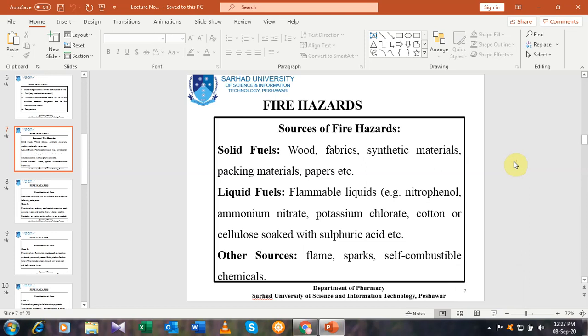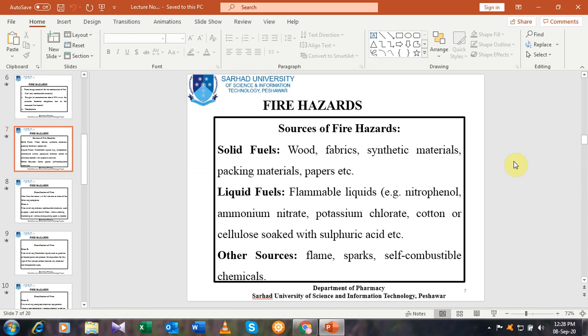Solid fuels include wood, fabric, synthetic material, packing material, paper, etc. Liquid fuels include flammable liquids, for example nitrophenol, ammonium nitrate, and other volatile solvents used in the pharmaceutical industry during the testing or analysis of raw material and finished product.